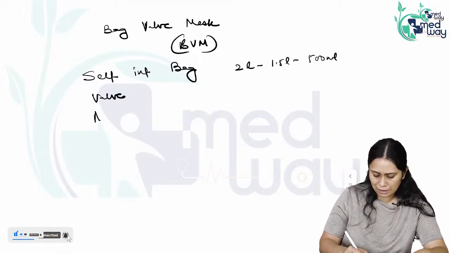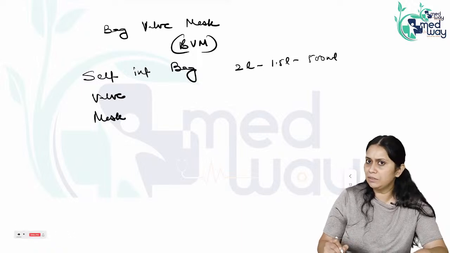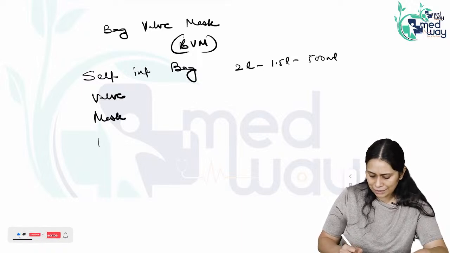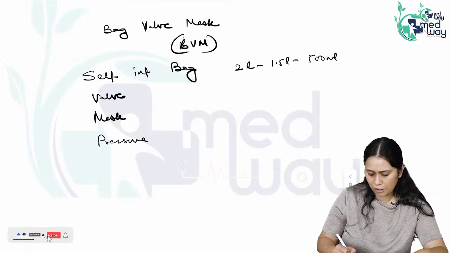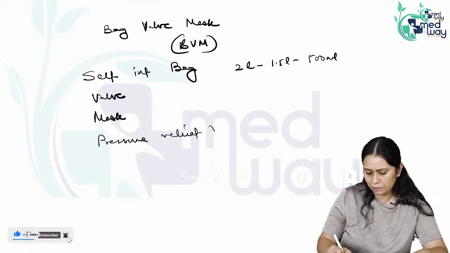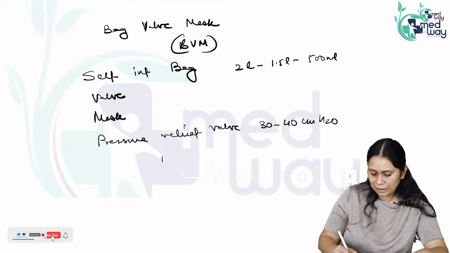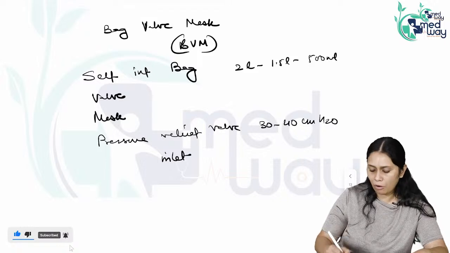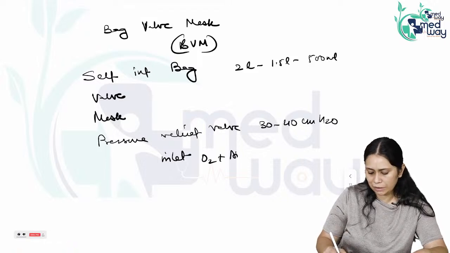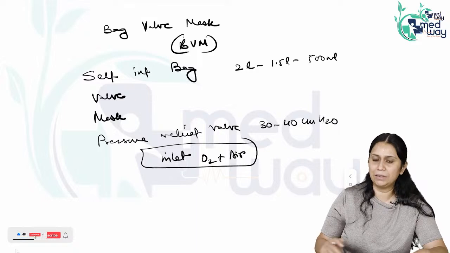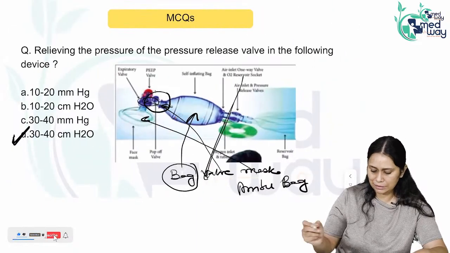And then it has a mask which creates a seal over the patient. Then it has a pressure relief valve, which opens at the pressure of 30 to 40 centimeter of water, and it has an inlet from which the oxygen and the air will come into the bag. So this is the inlet.